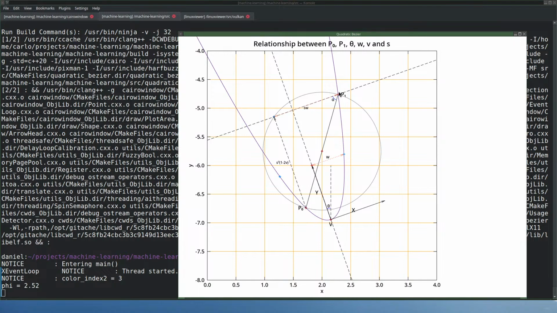In the README I call this D. It's just the length between P0 and P1. I'm sure that needs an additional.